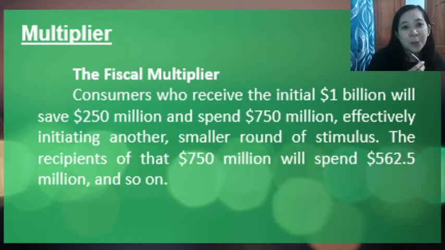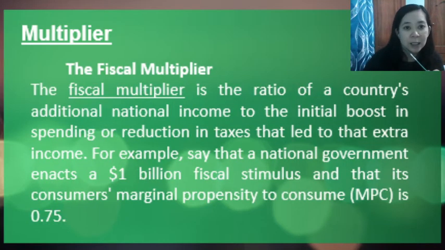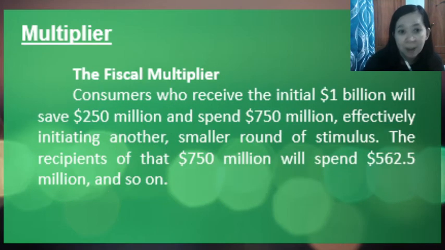This is so because the MPC of the consumers is 0.75. Therefore, if a fiscal stimulus is given, they would spend 75% of it and save 25% of it.